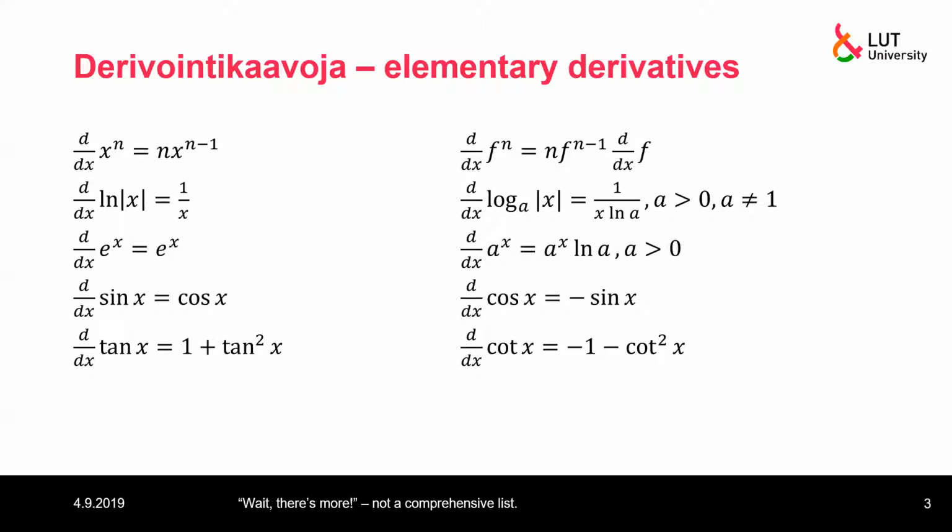E to the power of x differentiates as e to the power of x, and a to the power of x gets the logarithm in it. This is essentially from the definition of the logarithm, and because we're talking natural logarithms, there a needs to be greater than 0. And then same for some trigonometric rules. There's a lot more of these which you can find from tables.